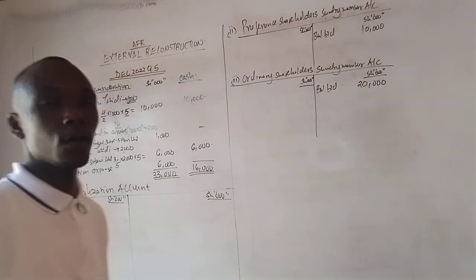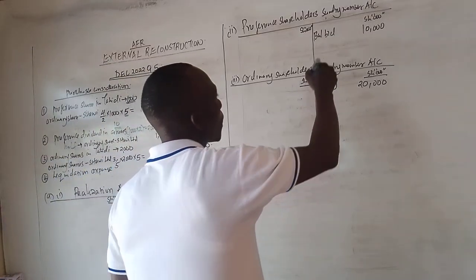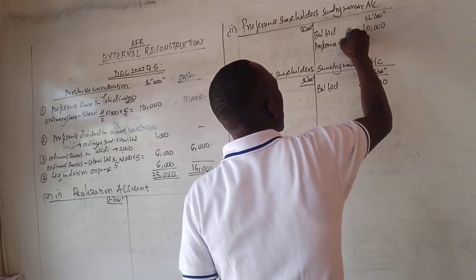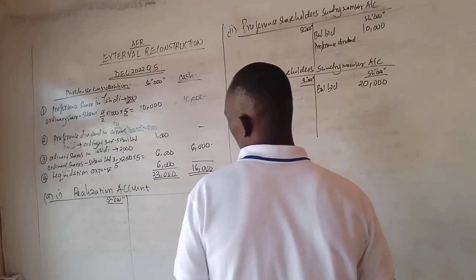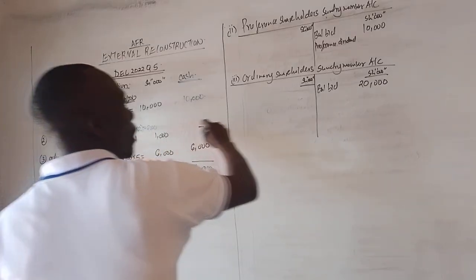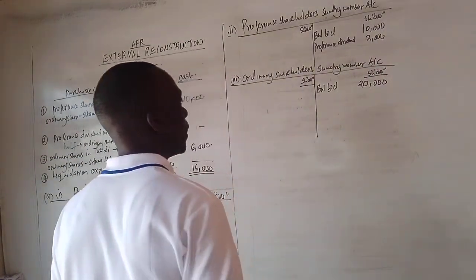Then for this, we have the preference dividend. The preference dividend was 2 years in arrears. How much were they? 2,000. So here we have 2,000, the preference dividend.